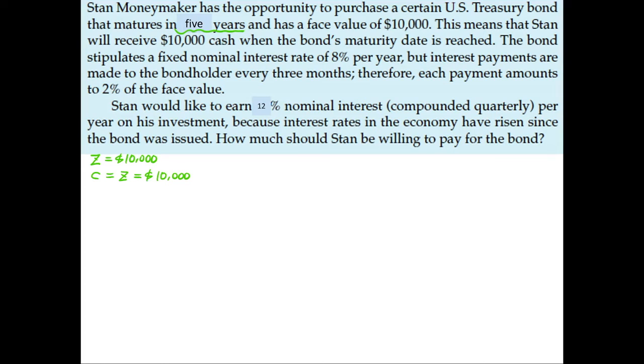The bond stipulates a fixed nominal interest rate. See that? Nominal interest rate. So you have to be careful. You're not going to use the 8% directly. You have to convert that to some interest per period. But interest payments are made to the bondholder every 3 months.